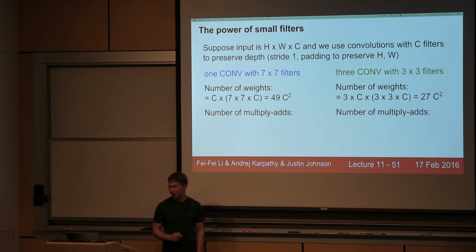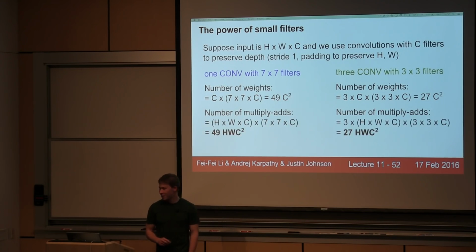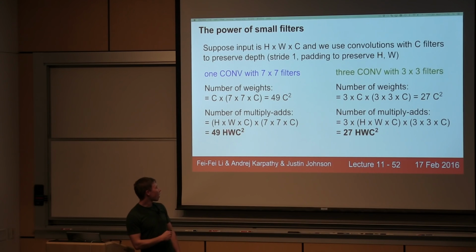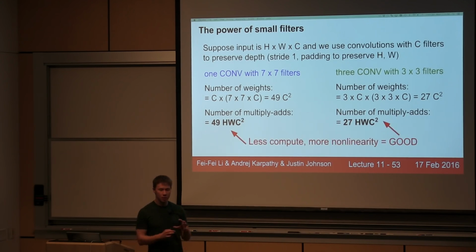Guess not? Sounds hard. Actually this is pretty easy, because for each of these filters, we're going to be using it at every position in the image. So the number of multiply-adds is just going to be height times width times the number of learnable filters. Comparing between these two, the 7x7 not only has more learnable parameters, but it also costs a lot more to compute.